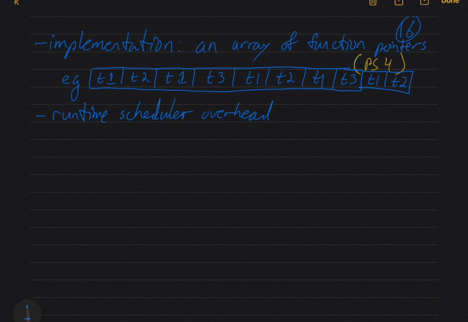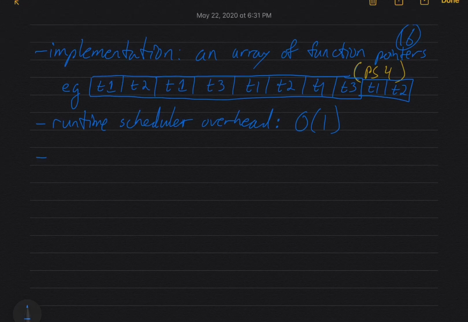When it returns, you move on to the next one, and the number of operations is order 1 for each new task that you're scheduling to run. So it's very lightweight. There is some storage required to implement this, and it's going to be related to the array length.